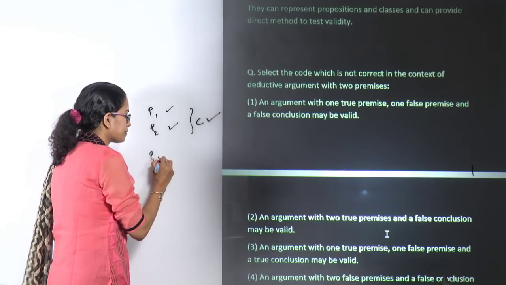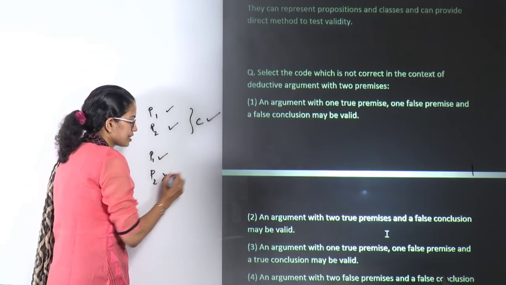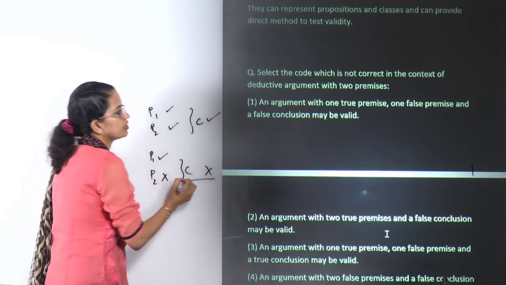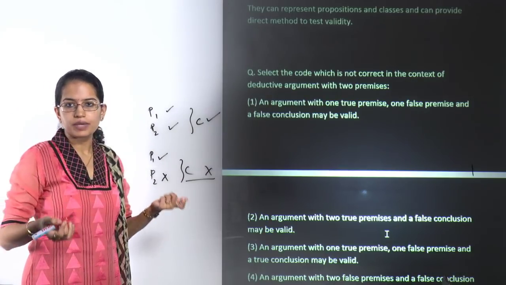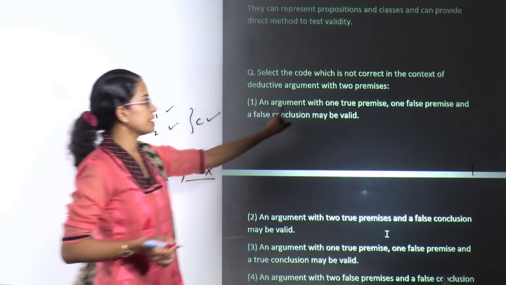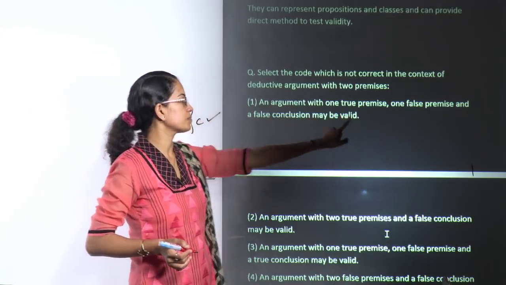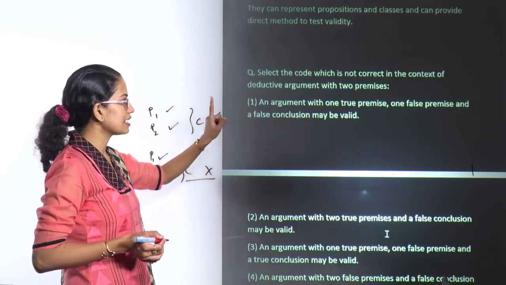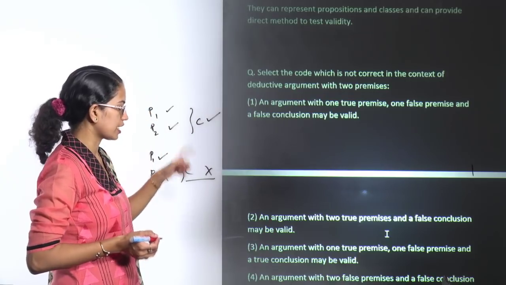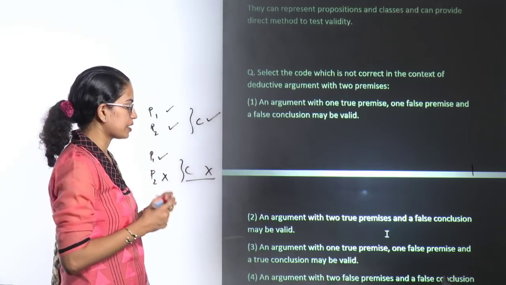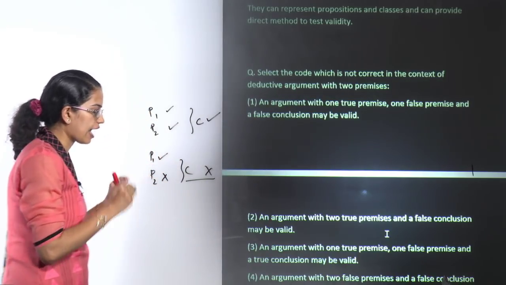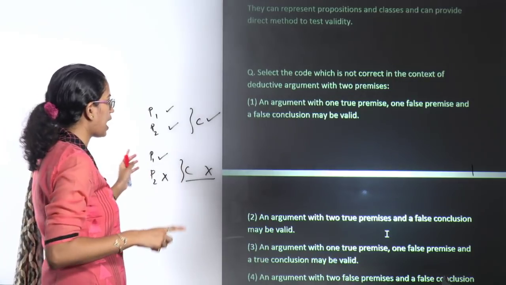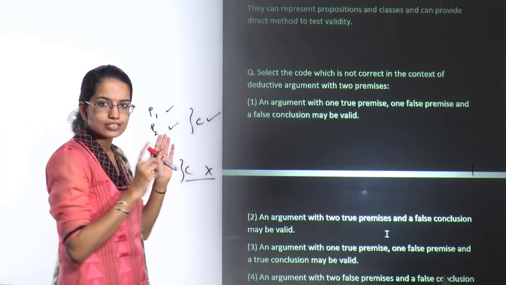If one of the premises is false, then conclusion would be false, or the conclusion will not be valid. So argument with one true premise, one false premise would have a false conclusion, may be valid, that is incorrect, okay, that's not correct.